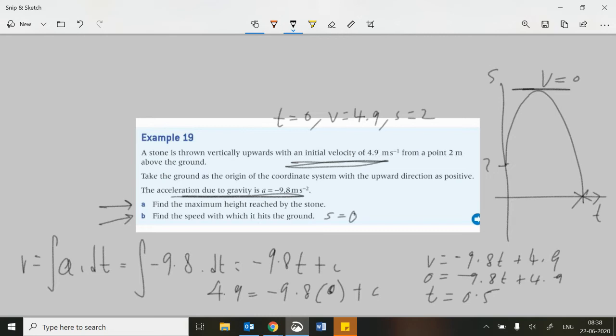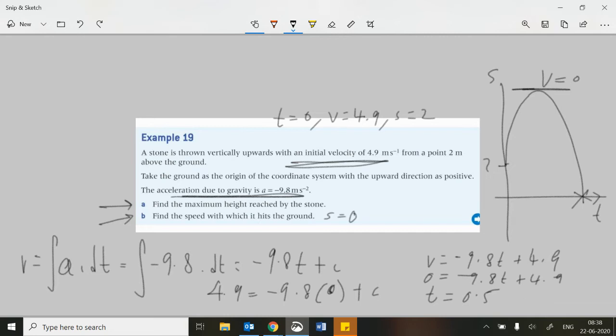Checking with the book. Oh, I never answered a previous question. Okay, I never finished this off. Now, just looking at the book, there was an extra part to this. Sorry about this. Find the maximum height reached by the stone. We actually only found the time. We never found the height. Okay, well, we still need to do this anyway.